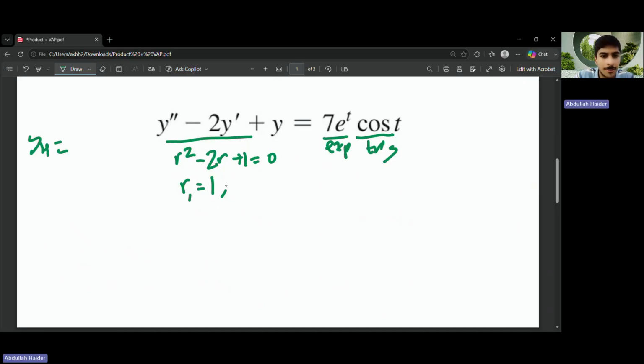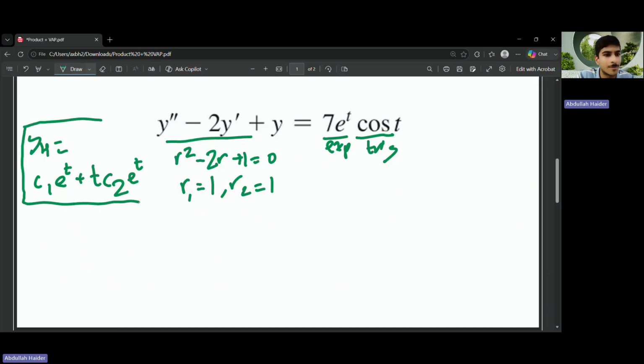R1 equals 1 and R2 is also equal to 1. Repeated roots, so our YH will be C1 e^t plus t multiplied by C2 e^t. This is your YH. Multiplied by t because we need to maintain linear independence due to the repeated solutions.